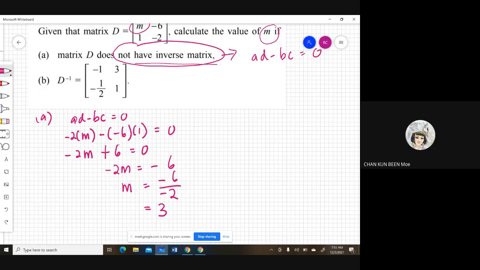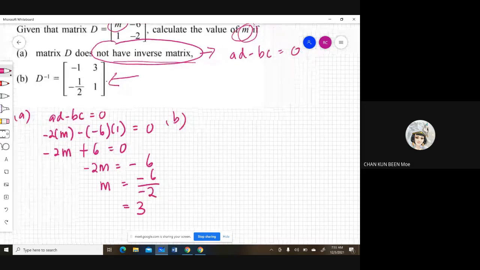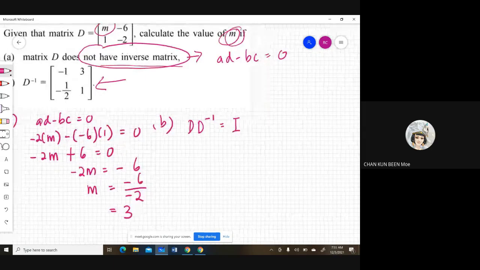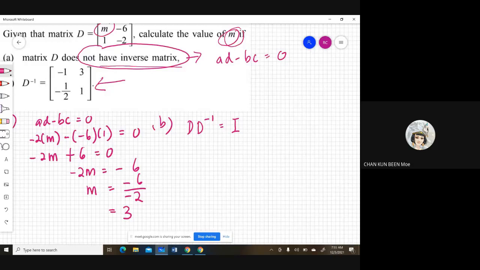And then for B, they give you the inverse matrix of D. They ask you to calculate the value of M. So what you do is, you know that if we multiply the matrix D with the inverse of matrix D, which is D to the power of -1, we will have the answer as an identity matrix. Okay, so what you do is you are going to substitute all the values of D and the inverse matrix in here and make it become the identity matrix.